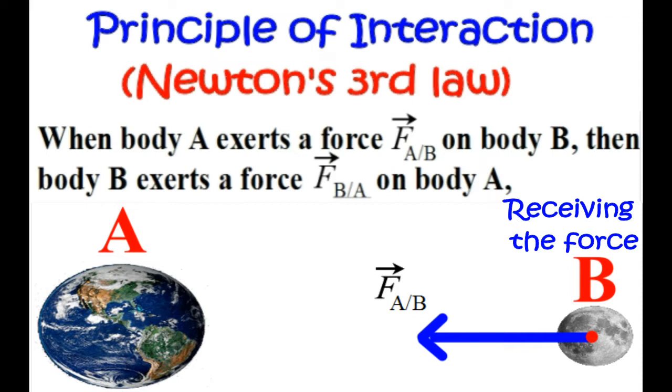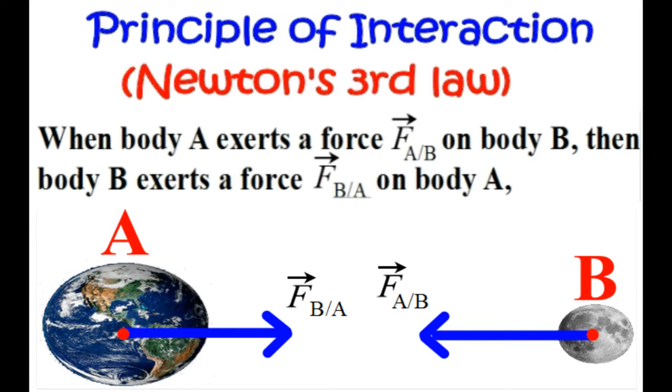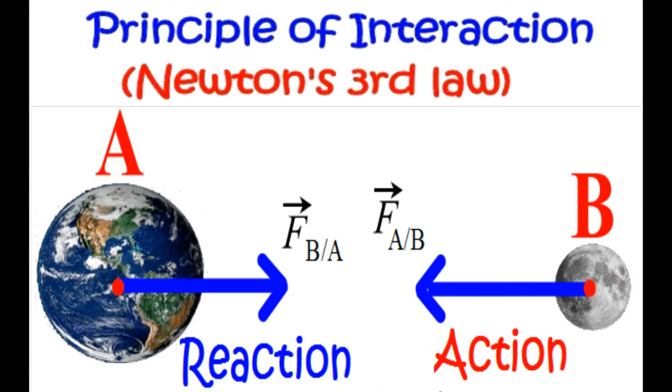At the same instant, B will apply another force. Force B on A means that B is doing the force and A will receive the force. So whenever body A applies a force A on B on body B, simultaneously, at the same instant, body B will exert a force B on A on body A. Thus, force A on B and force B on A are called action and reaction.